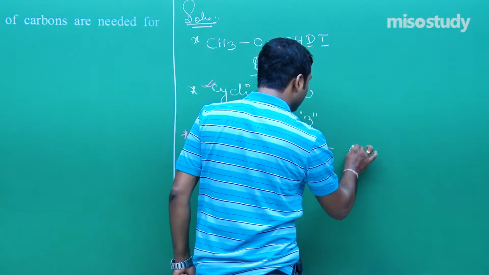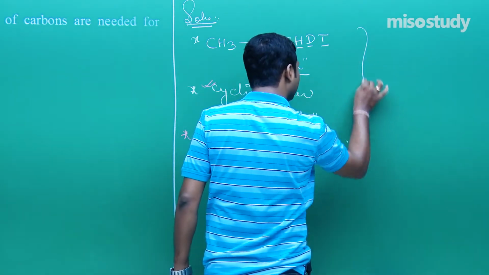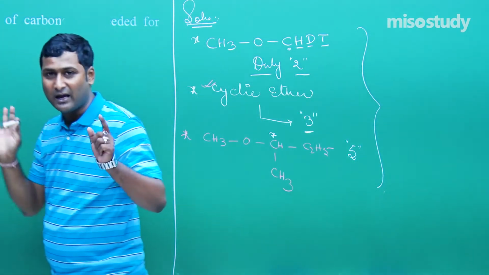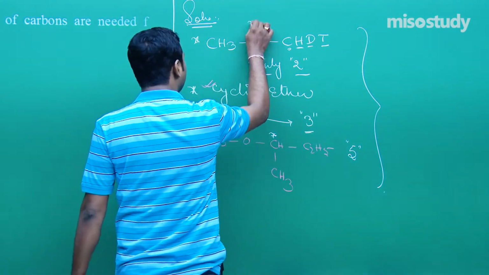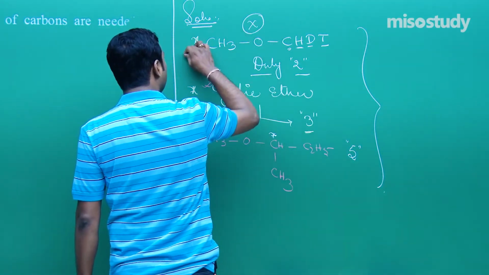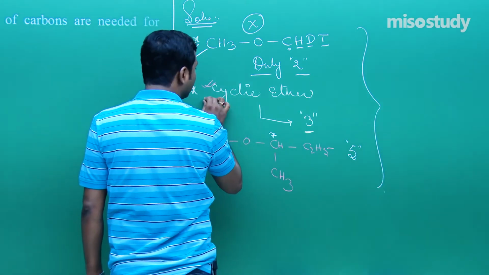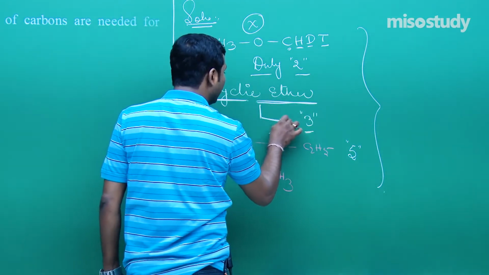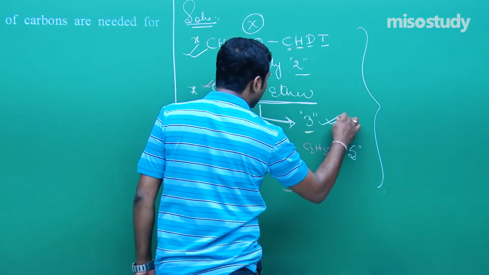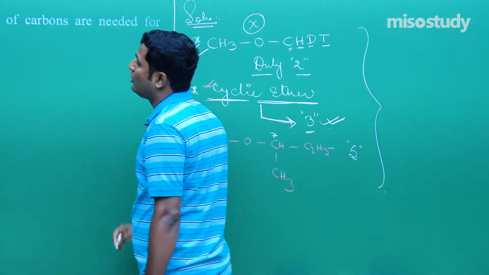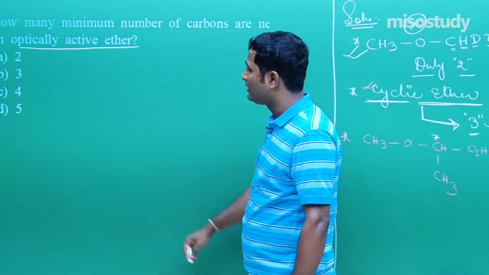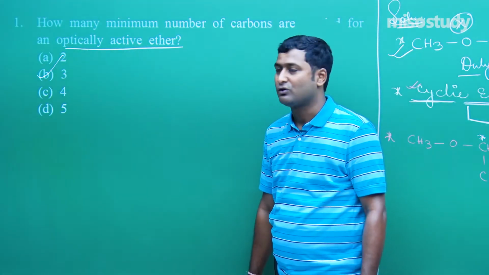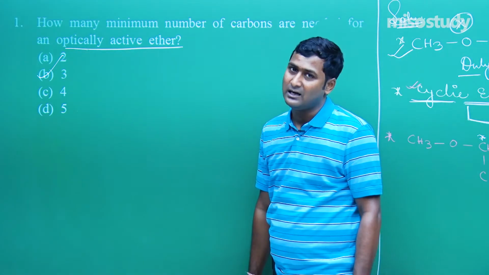Total number of carbon is 5. So there are 3 cases, maybe 2, maybe 3, maybe 5. But we are not going to take the extreme case. So in the normal situation, in case of cyclic ether, only 3 carbons are required for optical activity. So the best possible answer for this question is B, 3. Clear? So for question number 1, 3 is the correct answer.